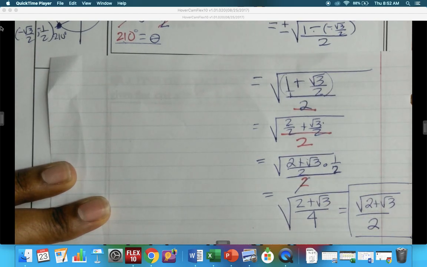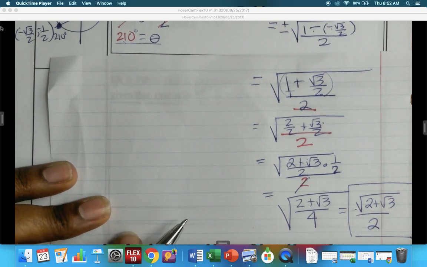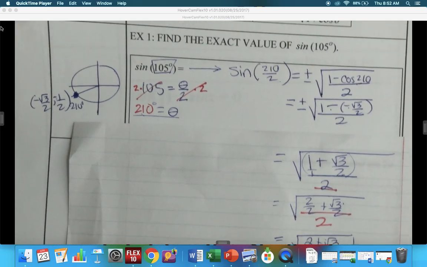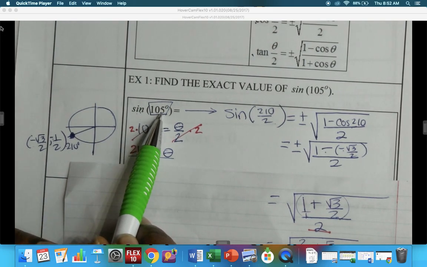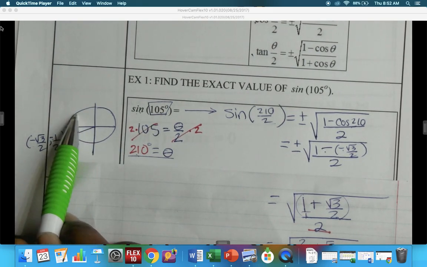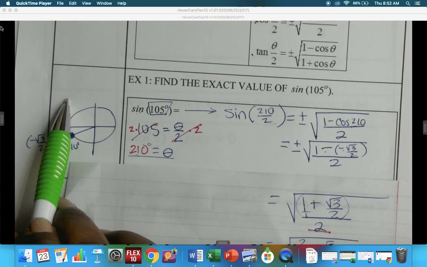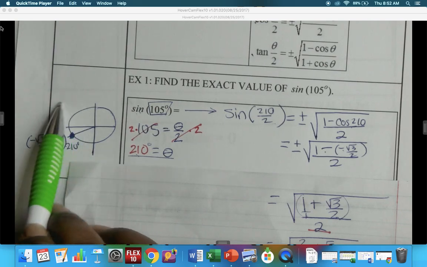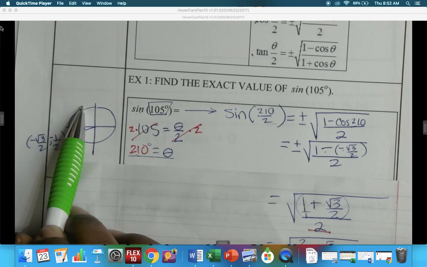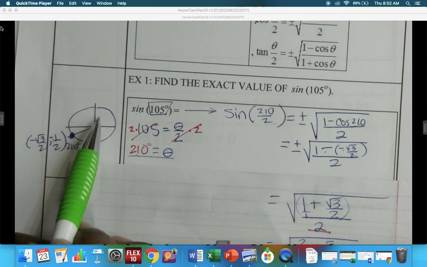Now, I dropped my plus or minus, but ultimately we have to figure out, should this be positive or negative? We go back and look at what I was finding. I was finding the value of sine of 105, right? Here's 180. 105 is somewhere up here. We don't necessarily know exactly where, but it's somewhere up here. Sine in quadrant 2 is positive, right? Sine is our y values.